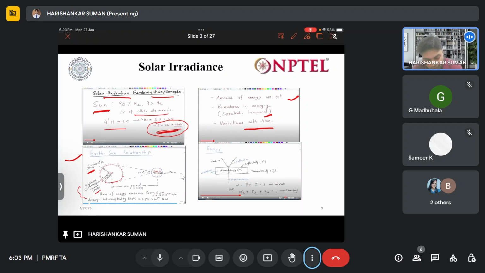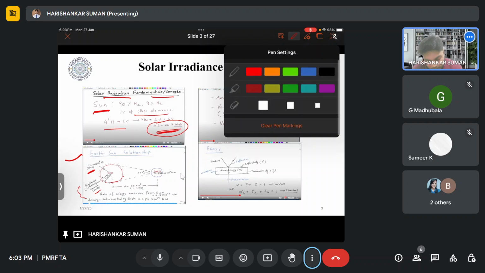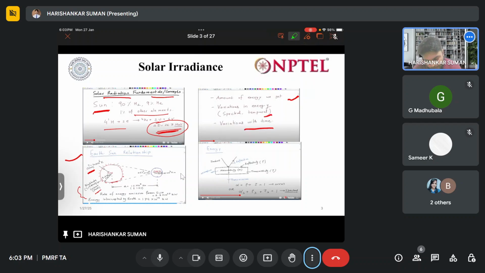Let me take another chart. And this is our earth. The distance is given, and this is the angle formed by the sun and earth.